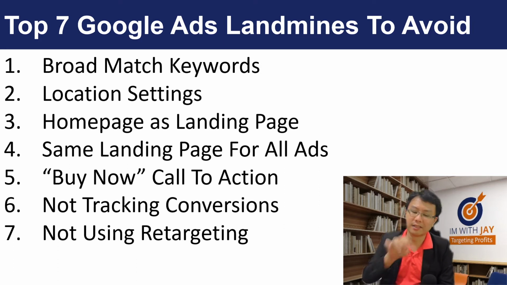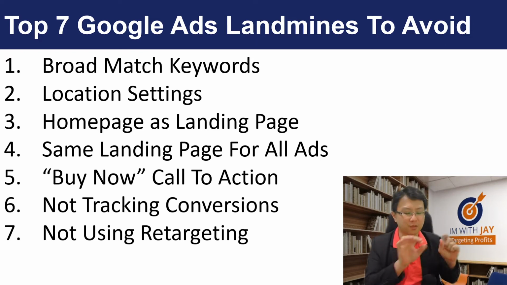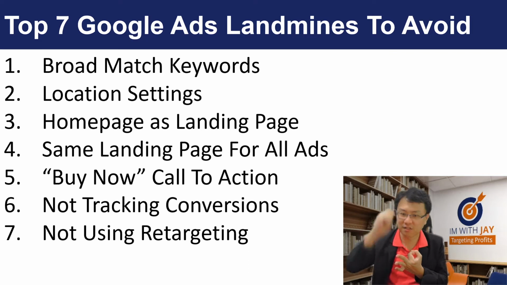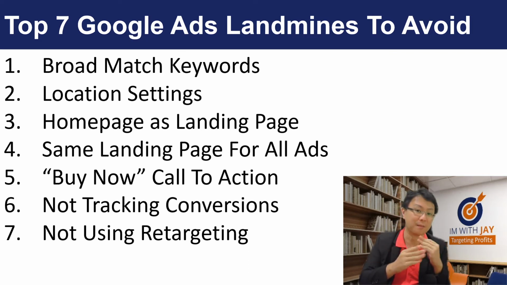So if somebody types in Google red clothes and you show them a bit of everything, it's not as convincing as, imagine if you land on a page and when you search red clothes, you see red shirts, red socks, red caps, red dress. That's a better match.